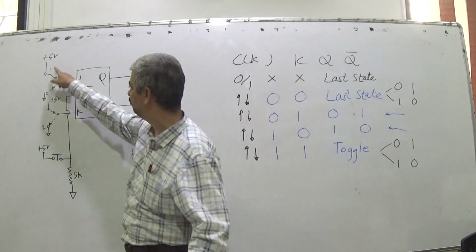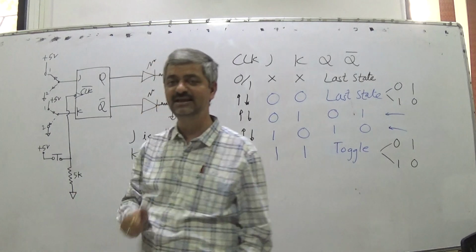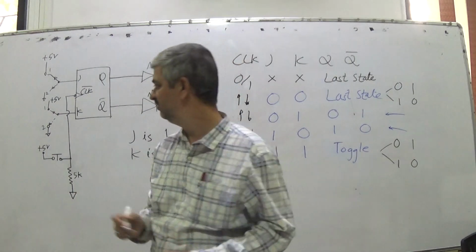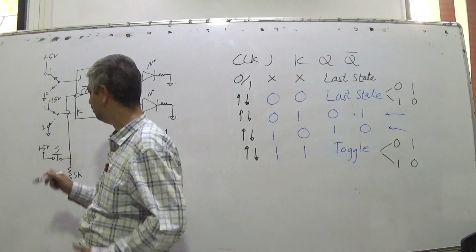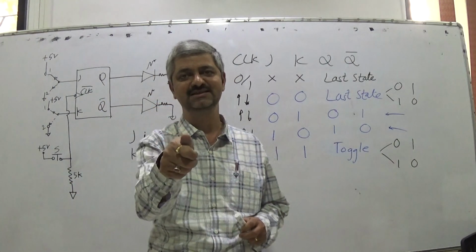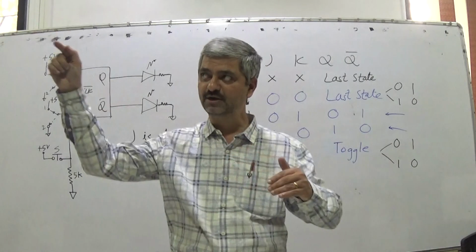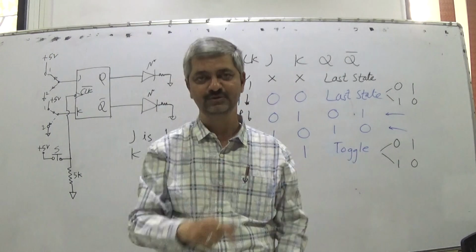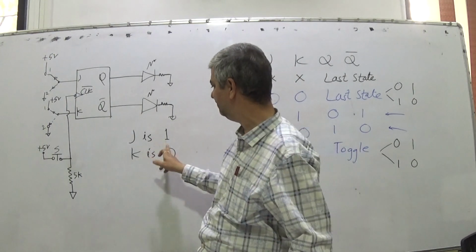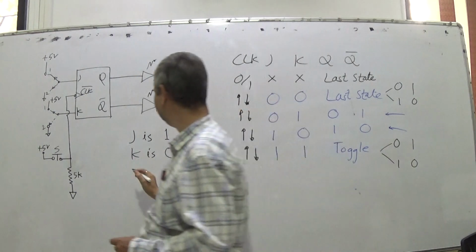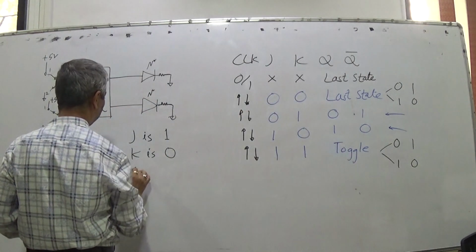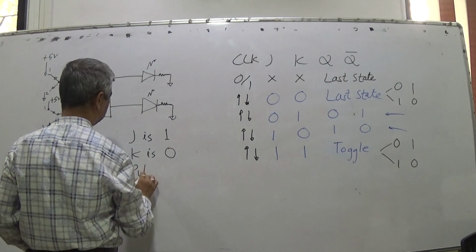So you put J to 1, K to 2, and then you press the switch. You press the switch S. It is a clock switch. You press the switch S and release the switch. So what is happening? Clock is given up, clock has come down. J was 1, K is 0, and then you give the pulse.